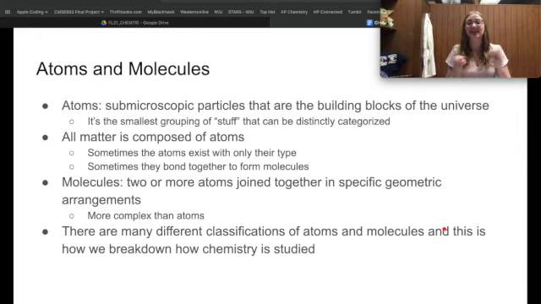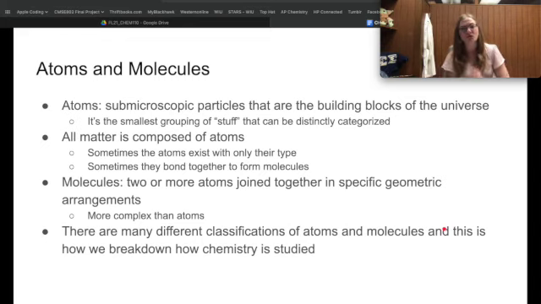Subatomic means smaller than an atom, and we can't tell those subatomic particles apart from each other. They could go to any atom. However, I can tell all of these different atoms apart from each other. So we call those the smallest building blocks simply because it's something that can be distinguished. We can look at it and see that we have a different type of Lego, right? Bring it on, the Lego bag.